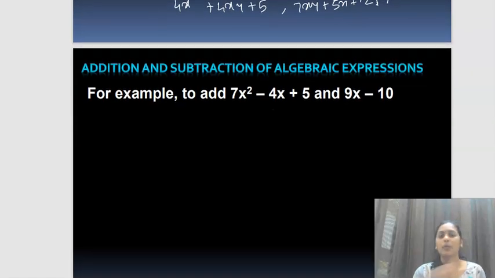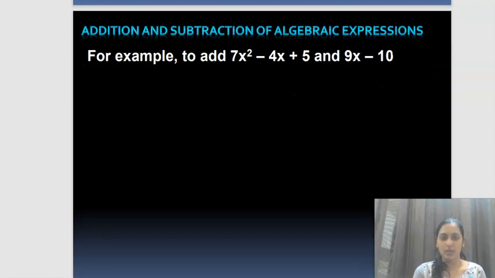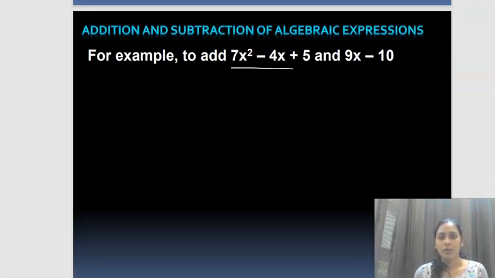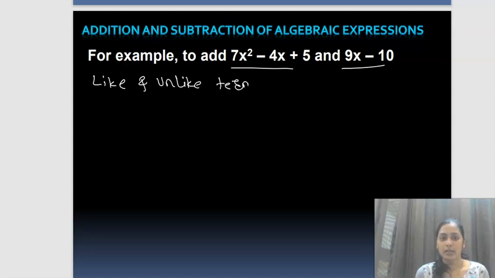Now, guys, in the earlier class, you have already learned about addition and subtraction of algebraic expressions. Let us take an example: 7x square minus 4x plus 5 and 9x minus 10. We have to add the given algebraic expressions. For this, we study like terms and unlike terms.